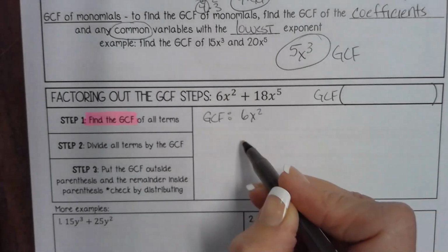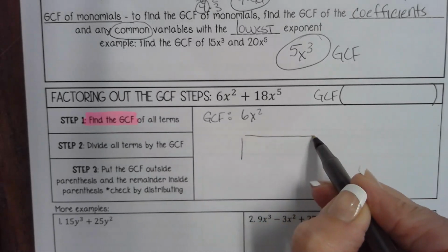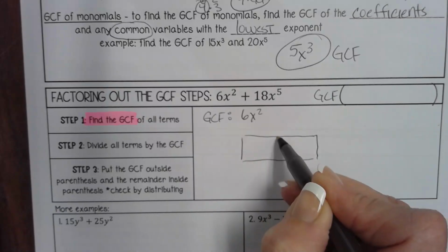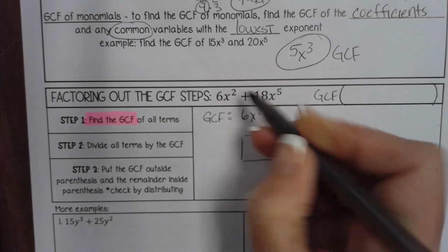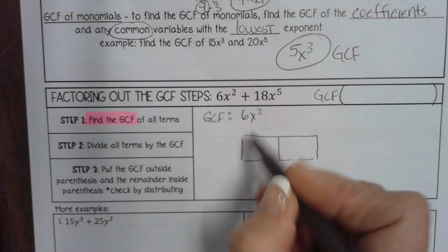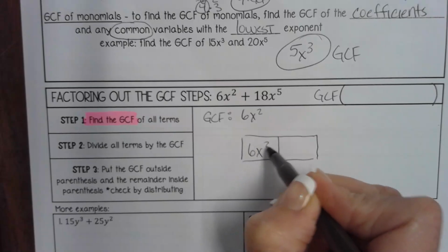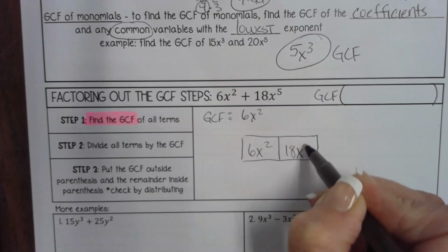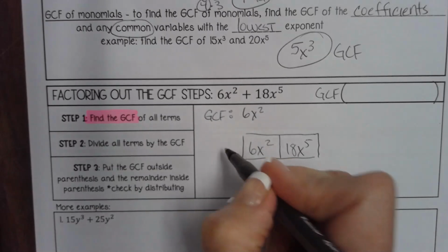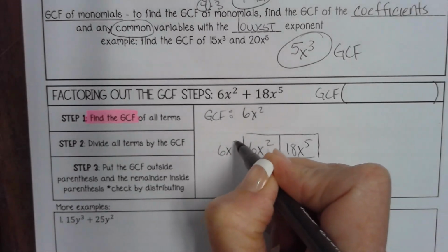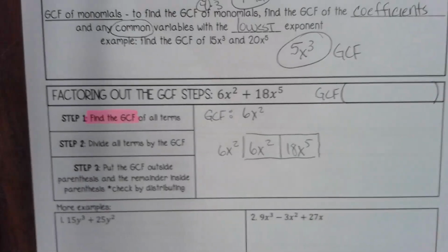And because it's 2 terms, I'm going to set up 2 boxes. The original problem goes here, 6x squared, 18x to the 5th. I'm going to put my 6x squared, my GCF, on the outside.